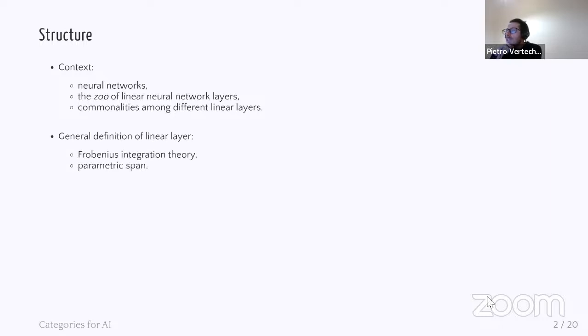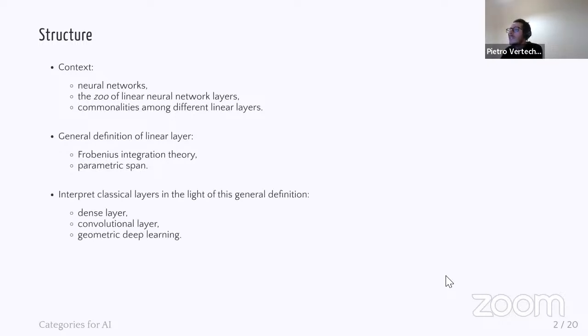Then I will attempt to give a general definition of what it means to be a linear layer, and I will use two key ingredients that I will introduce during the talk, which are Frobenius integration theory and parametric spans. And then I will show how one can interpret classical layers in the light of this general definition. I will choose a few concrete examples. In particular, I will show dense layers, convolutional layers, and some typical layers from geometric deep learning.